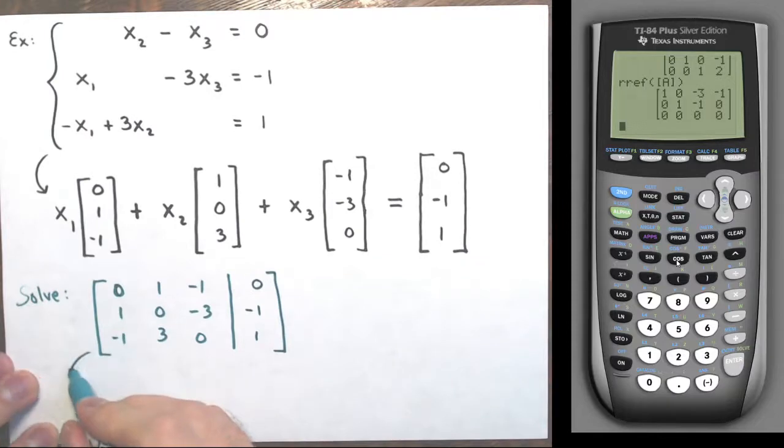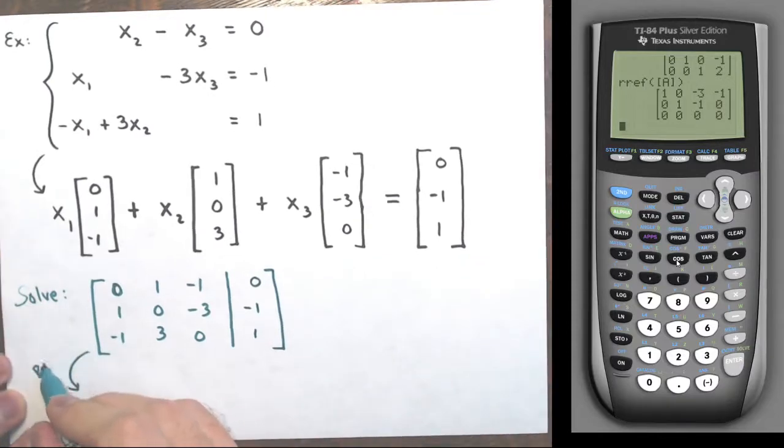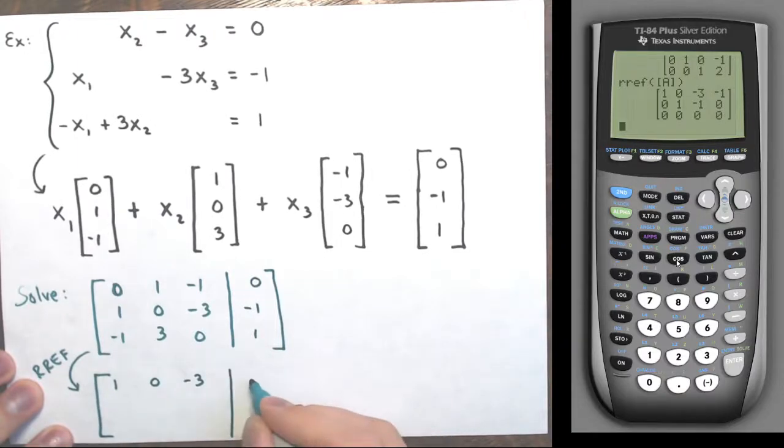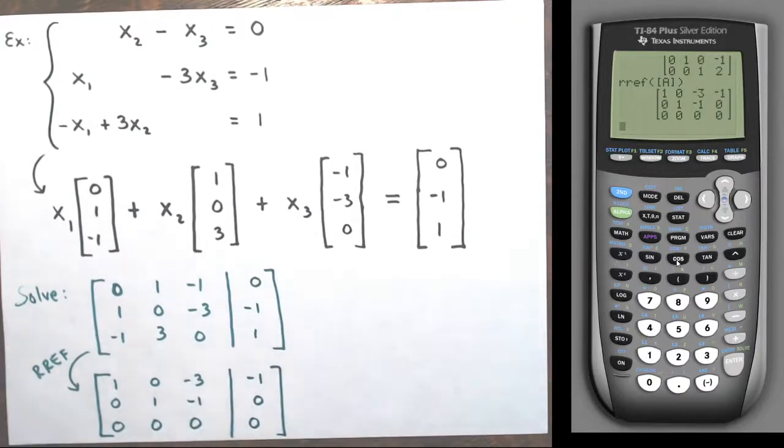All right, so putting this into reduced row echelon form: 1, 0, negative 3, negative 1. Then 0, 1, negative 1, 0, and 0, 0, 0, 0. Okay, so the last row corresponds to 0 equals 0.